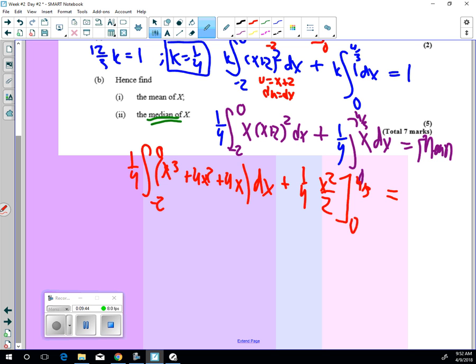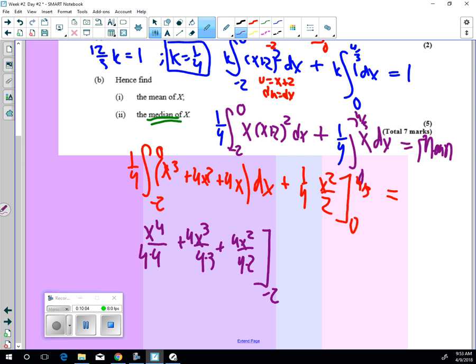So this is going to be x to the 4th over 4 plus 4x cubed over 4 times 3, plus 4x squared over 4 times 2, going from negative 2 to 0, plus, let's see, if I put in 4/3 squared over 4 times 2 is 8, minus 0.